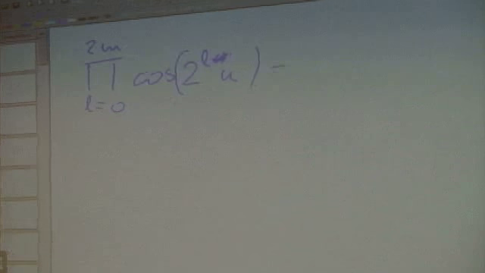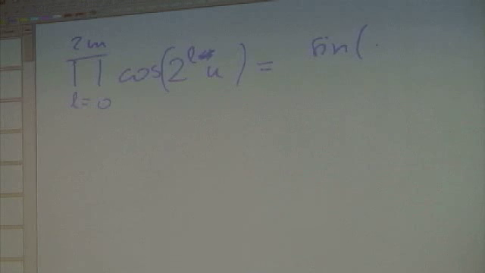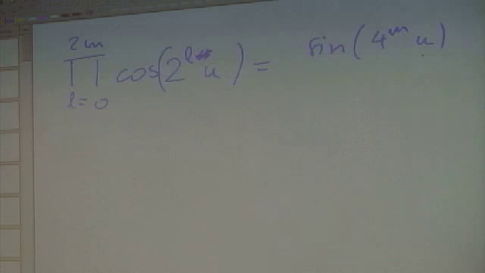What kind of dynamic... I can write that out for you. They use that the product from L equals 0 to 2m of cosine of 2 to the L u is sine of... I think this should be 1 and this should be L minus 1.